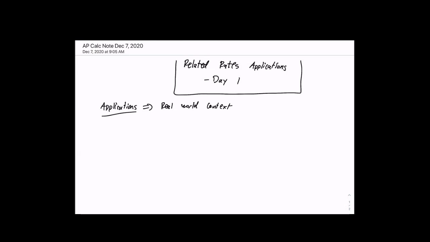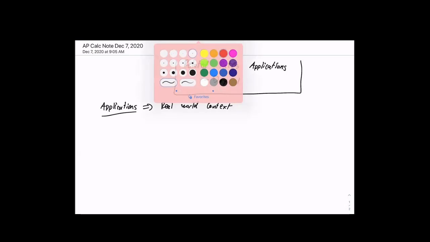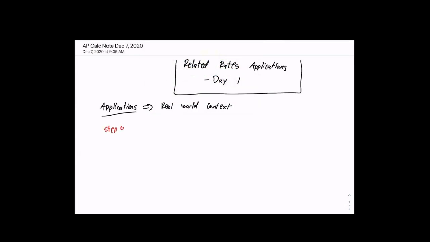As such, we have this step 0, which I call an initial step that always helps you, and that's to just make a sketch and label. So you want to draw out what's happening, and also very importantly, you want to identify any constants.